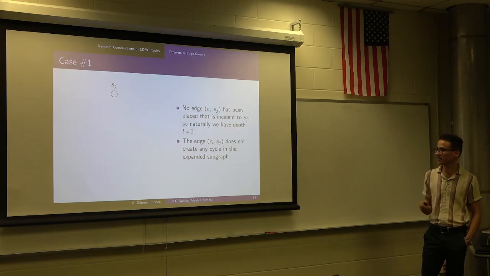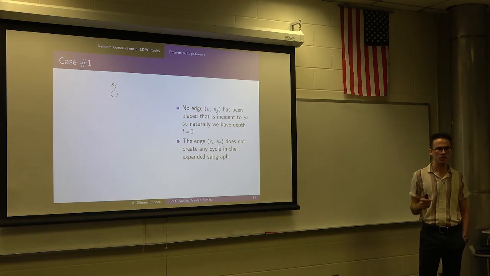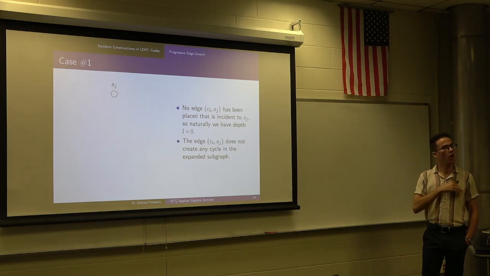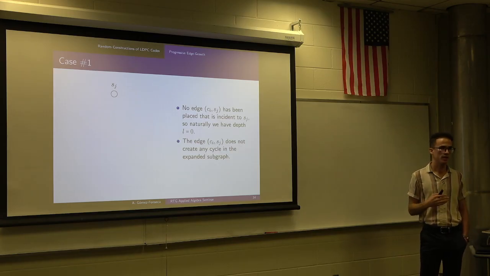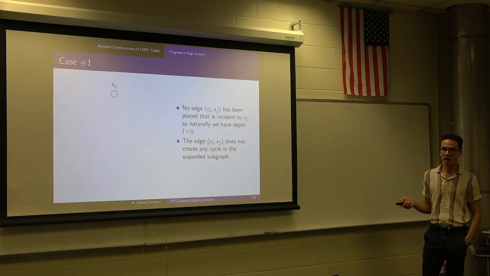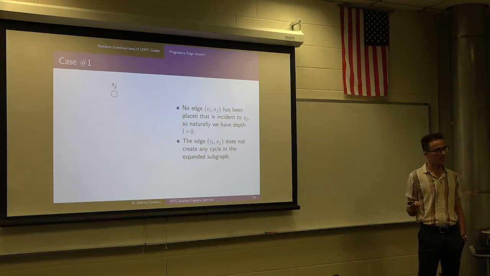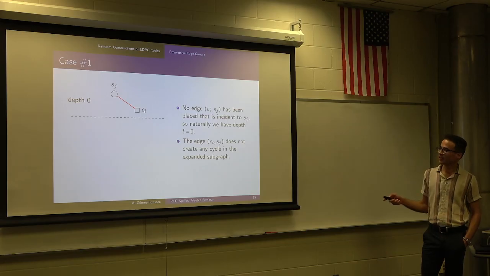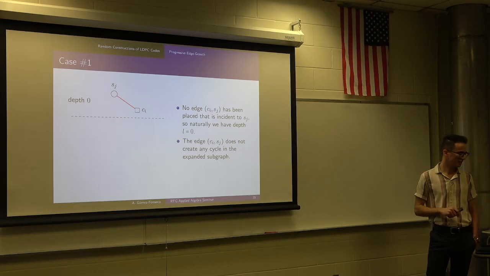The first case is when you start with a symbol node SJ, and this guy is not connected to anything. So you can choose from all the possible check nodes in your Tanner graph 1 at random, so that's why this is a random construction. You choose, let's say, CI, and you are now in depth 0, but the creation of this edge doesn't create any cycles.